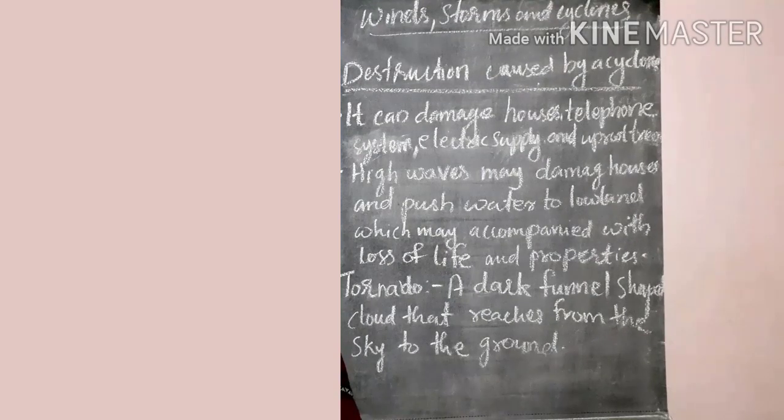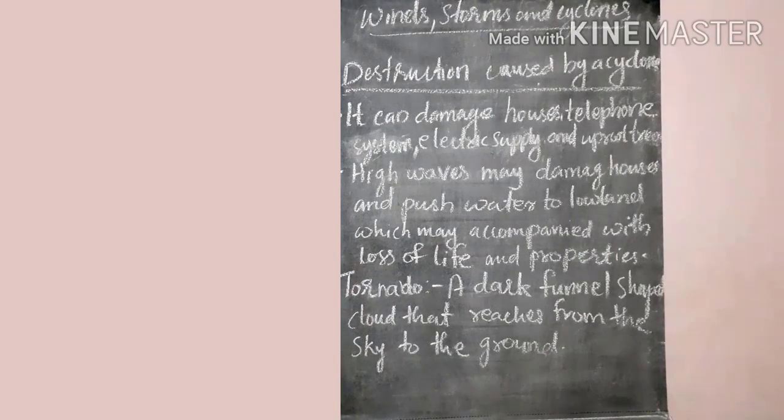Sometimes these cyclones are accompanied by high waves, which may damage buildings and also push water to low land, which may cause flood situations, which will cause the destruction of life and property.